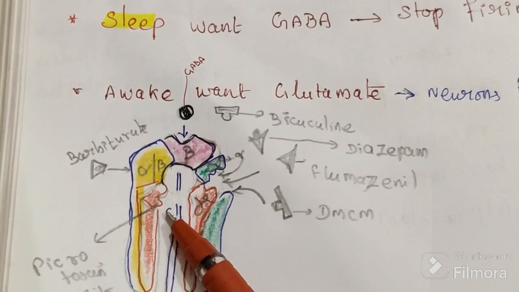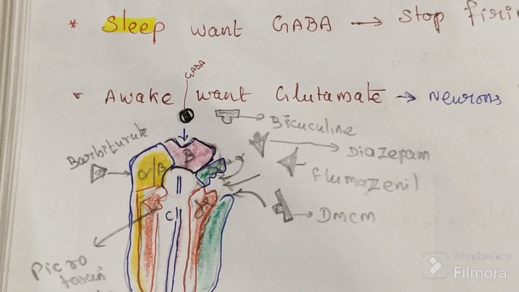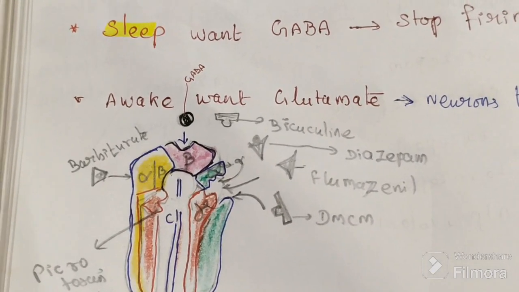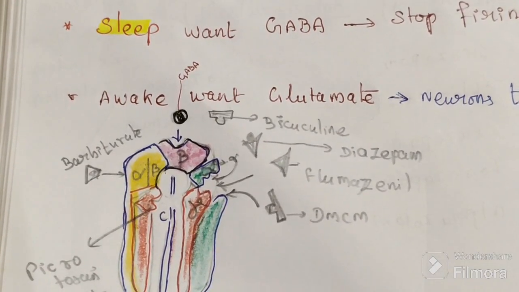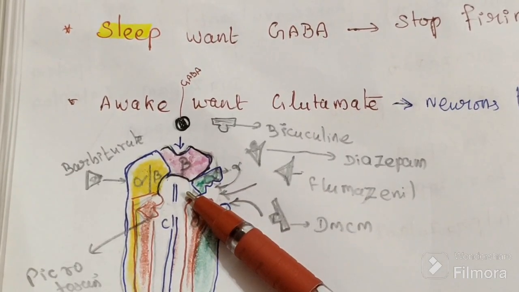What is happening in the normal condition? Suppose I want to sleep at night. In our brain, GABA will come and bind with the GABA receptor.